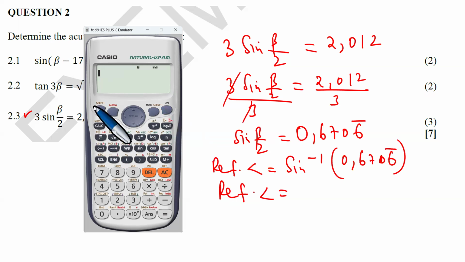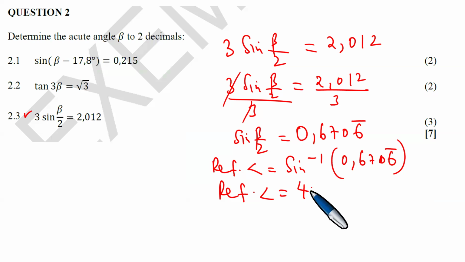Shift sine of 0.67, and it's about 42.067. So the reference angle is exactly that, which is 42.07.